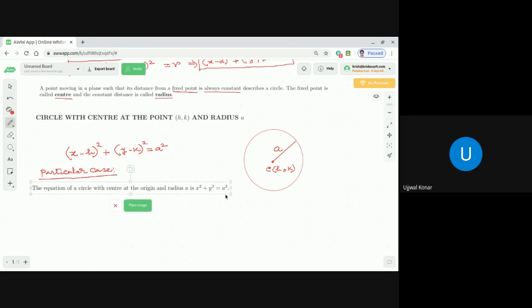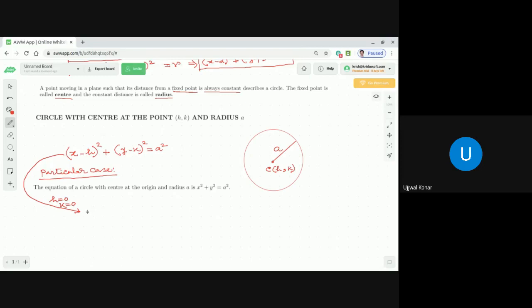Correct? I hope you agree with me, because in this equation we are applying h equal to 0 and k equal to 0. If we apply h equal to 0 and k equal to 0, we get the circle with center at origin.